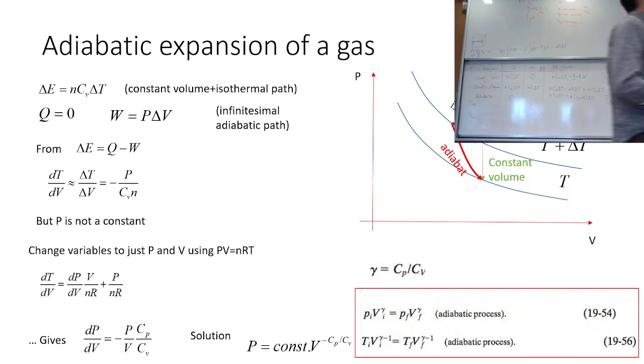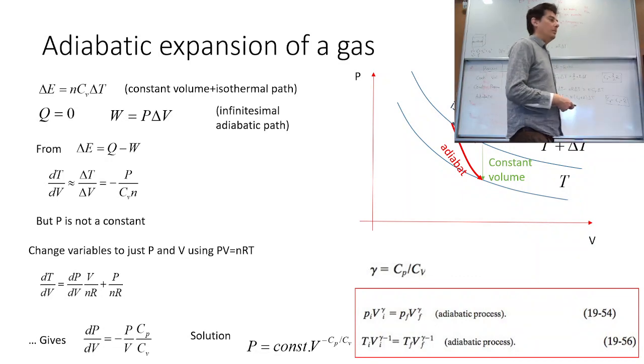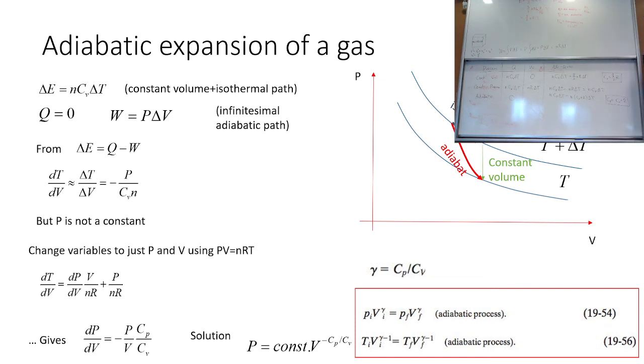I'm not really going to give you a derivation of this because it's kind of complicated and I think it will just confuse people. But there is an equation that tells you the relationship of how the pressure and the volume are related along an adiabatic process.